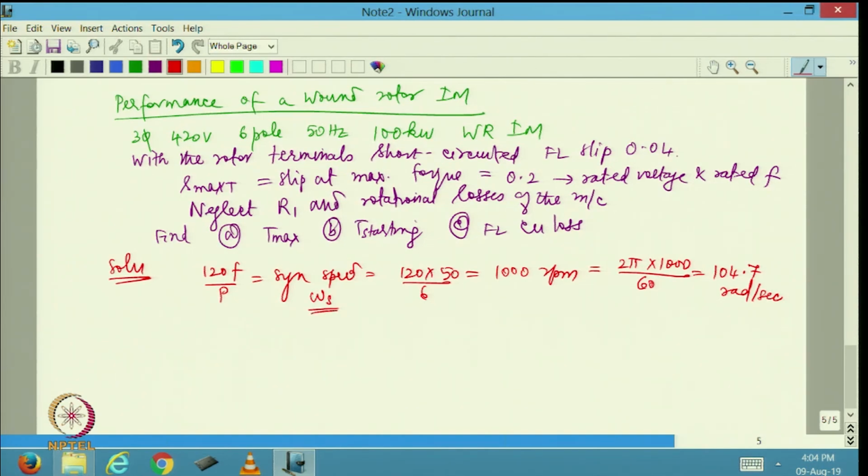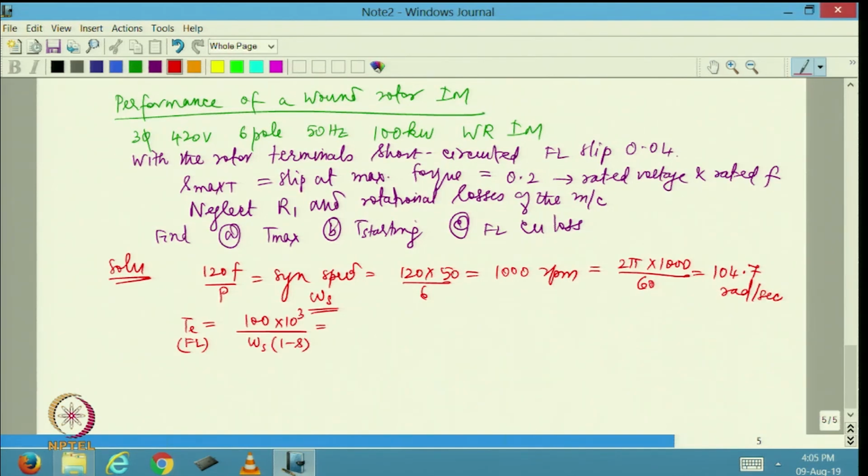Now, I should be able to write what is the full load torque. So, this is 100 kilowatt. So, TE, which is full load torque, will be corresponding to 100 divided by omega s multiplied by 1 minus s, right.